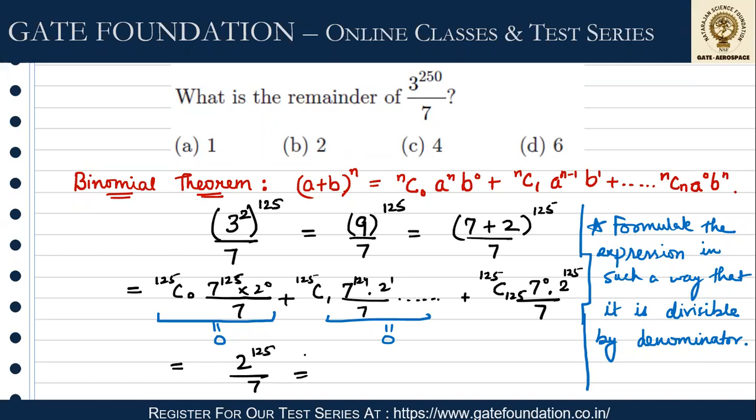So 2 raised to the power 124, that is a factor of 4, or I can say 31 raised to 4, 124 into 2 by 7. So this will get repeated, and you'll get 2 by 7. Okay, it is 2 only. Fine. I made some mistake over here.